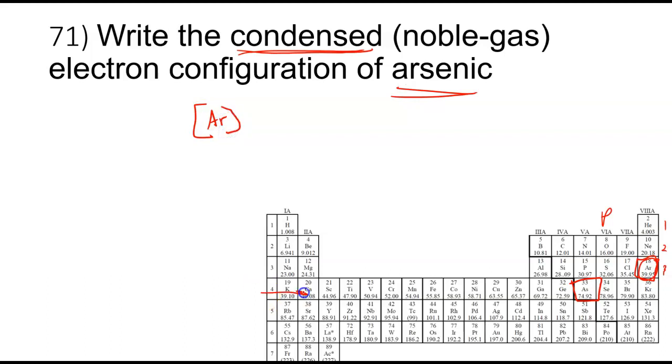And then you just keep going from there. So 4s2, 3d10, 4p3. Condensed structures, so lovely. So yeah, just look at the noble gas before it, and then you just keep going, right? Your s, p, d, and then you just keep going with your electron configuration.